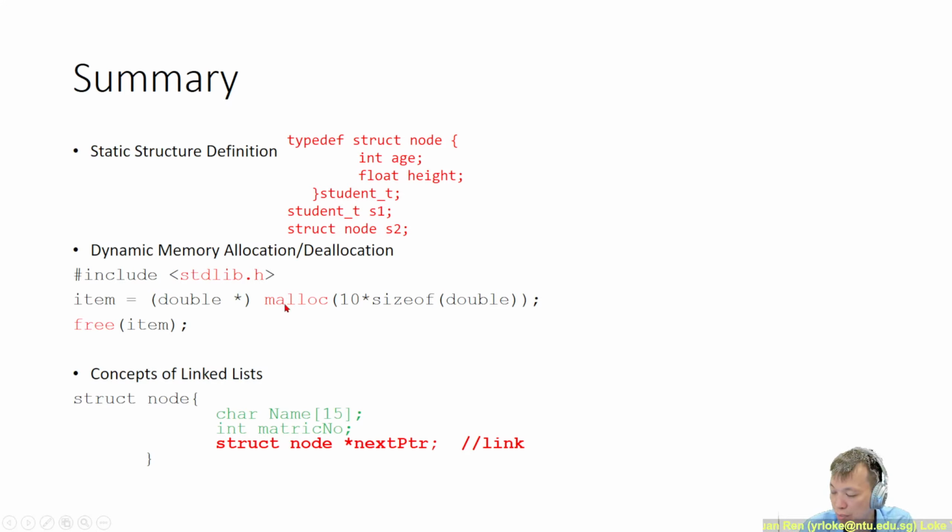The return is a void pointer, so I will use casting to cast it to the corresponding data type pointer. On Monday I will cover more about this self-referential structure definition. In short, it just includes one more pointer, which has the same type as what you define here, called a link, to link to the next node. I will show you that on Monday again.